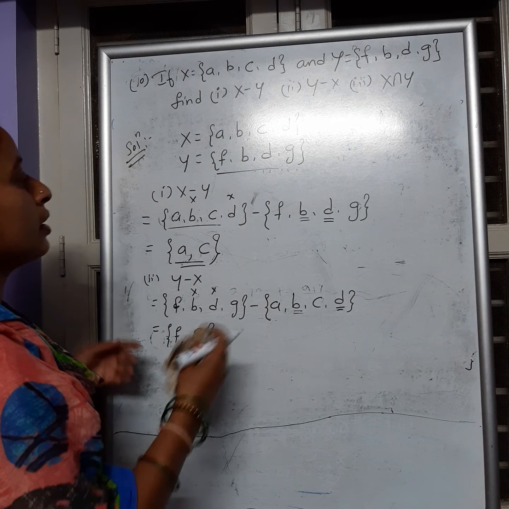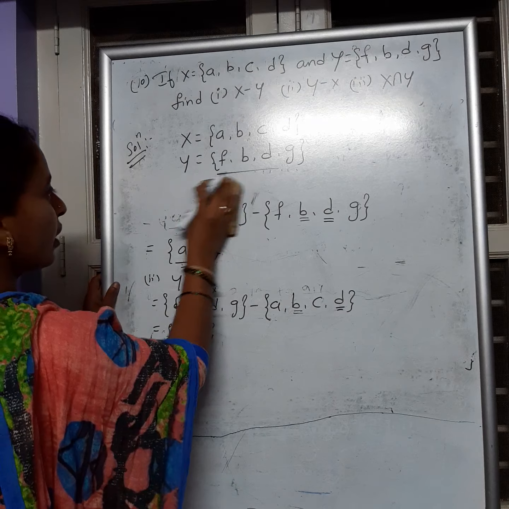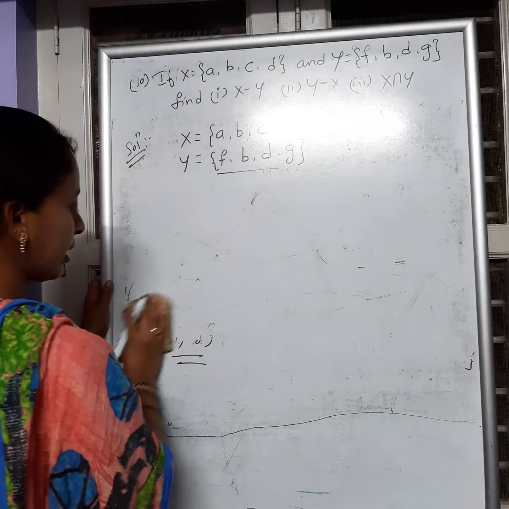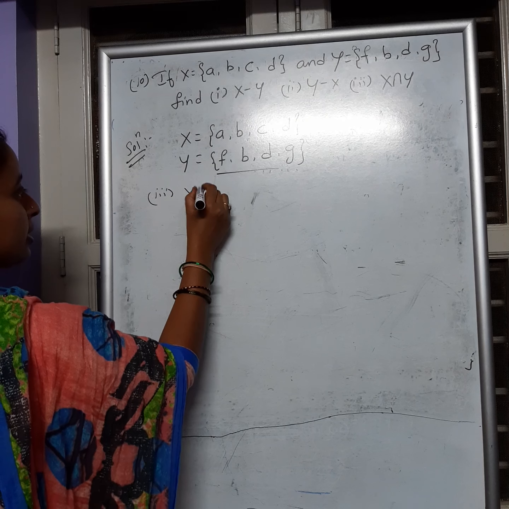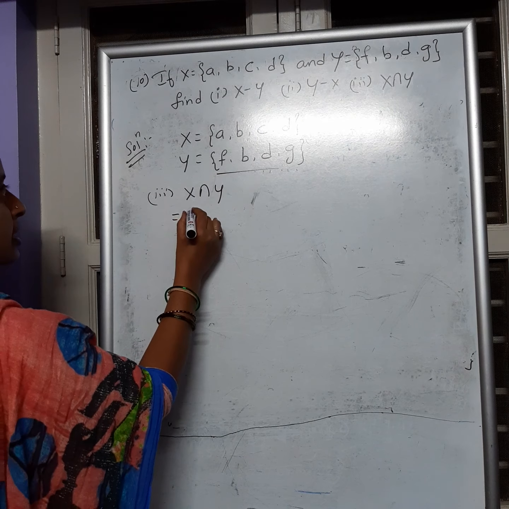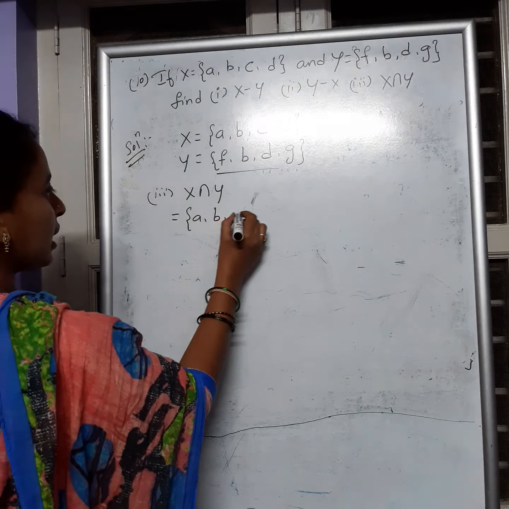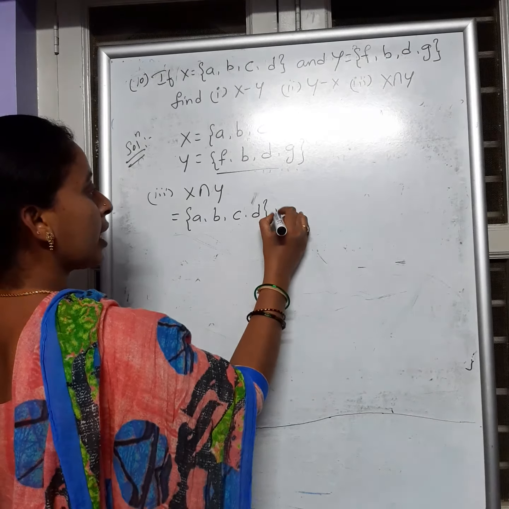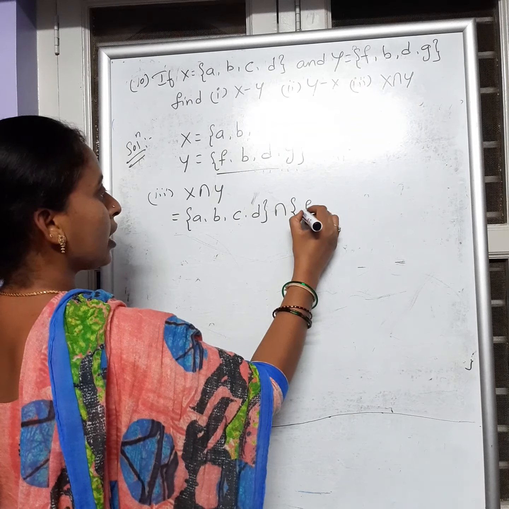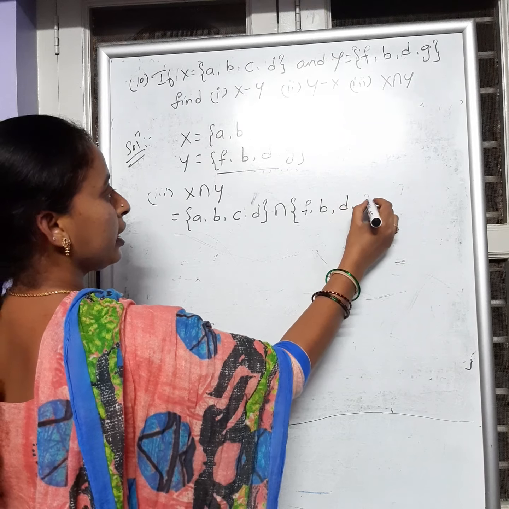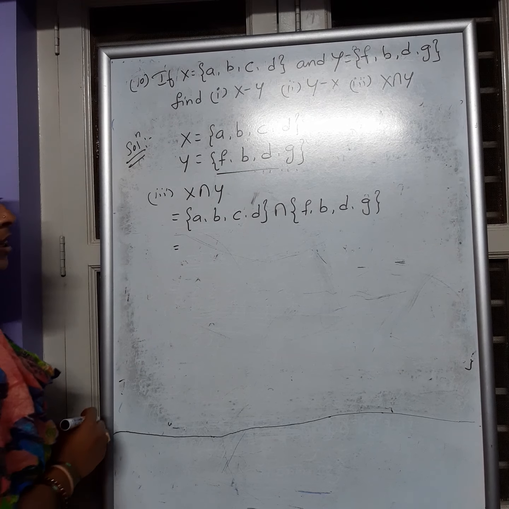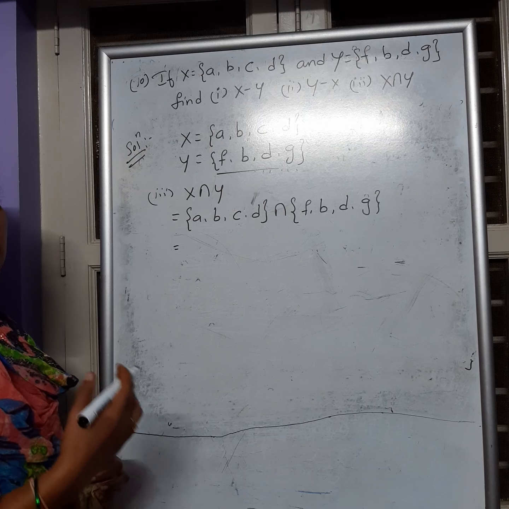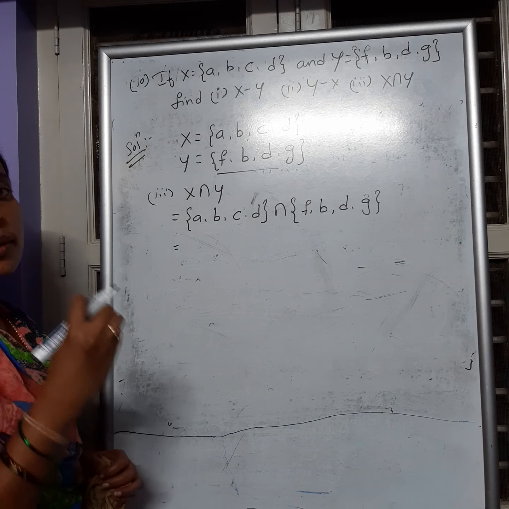Okay. Let's take the third one. X intersection Y. What's the third one? X intersection Y. Take X elements A, B, C, D and the intersection of F, B, D, G, which is the common element in both the sets. So intersection means we should collect the common elements in both the sets. Which is the common element?